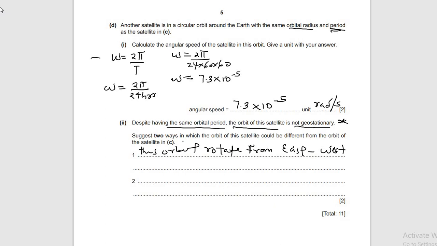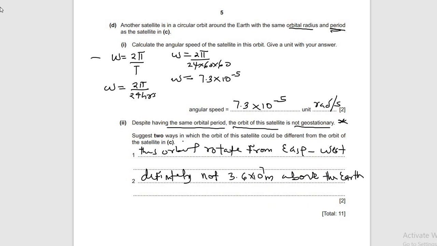So this one is definitely not 3.6 times 10 to the power 7 meter above the earth. That is, you just negate the property of geostationary orbit. That's all.